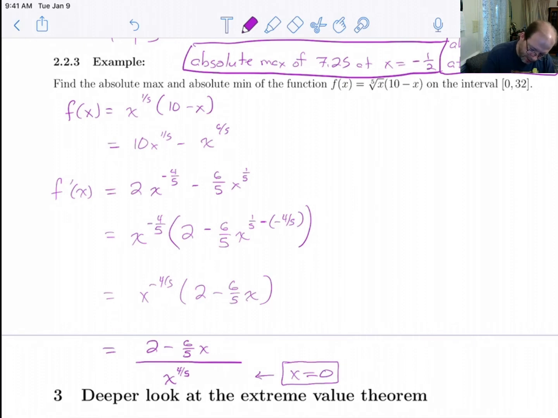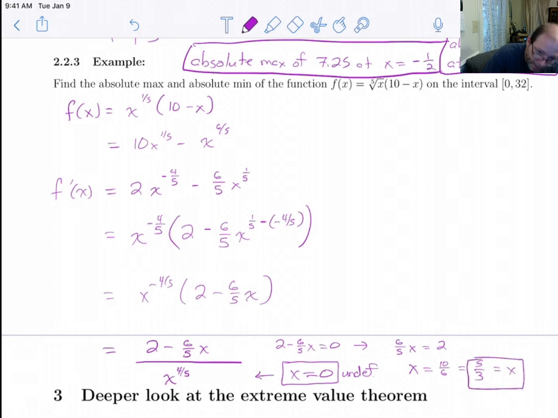The solutions that make the bottom 0 make the derivative undefined. And the top, 2 minus 6/5 x equals 0. That's going to give me 6/5 x equals 2, or x equals, let's see, multiply both sides by 5 over 6. So you get 10 over 6, or 5 over 3. All right, so those are my critical numbers right there.